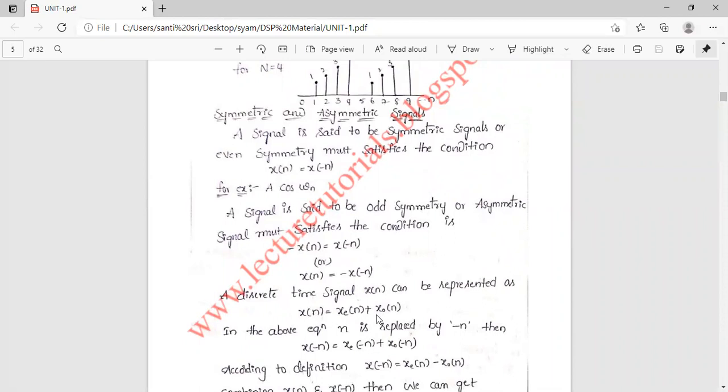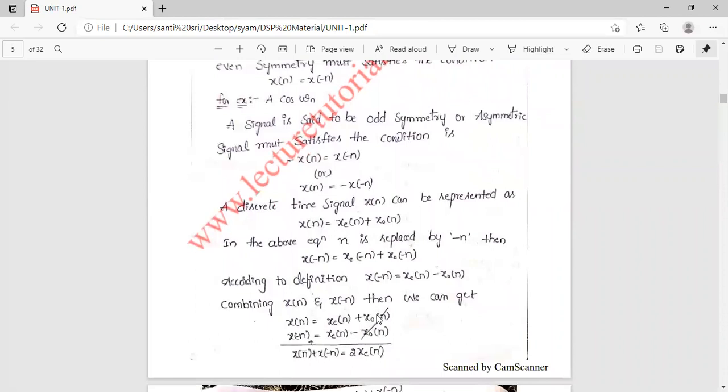A discrete time signal x of n can be represented as the sum of an even signal and an odd signal, that is xe of n and xo of n. In the above expression, replace n by minus n, then x of minus n is equal to xe of minus n plus xo of minus n.